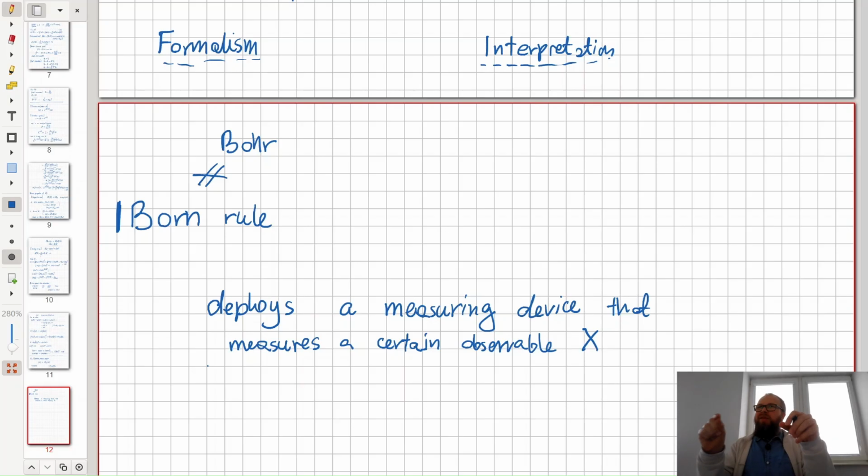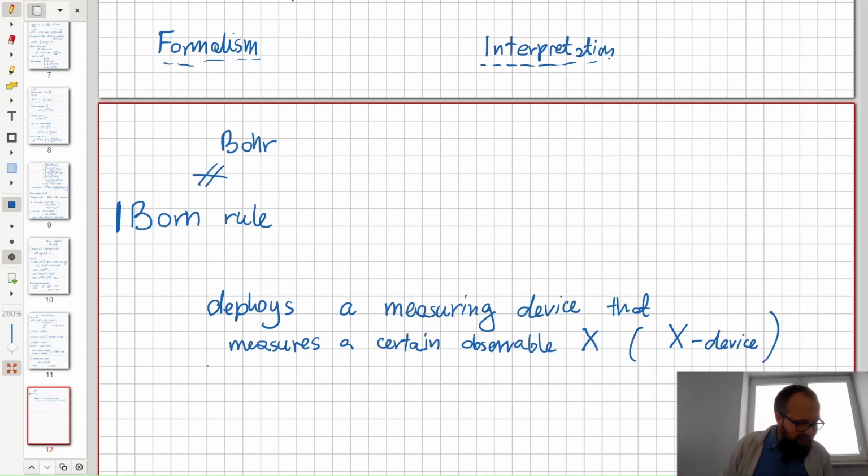So a measuring device that can be deployed to measure some observable X, I will call them X devices. So that would be an X device: a measuring device that when deployed measures observable X.